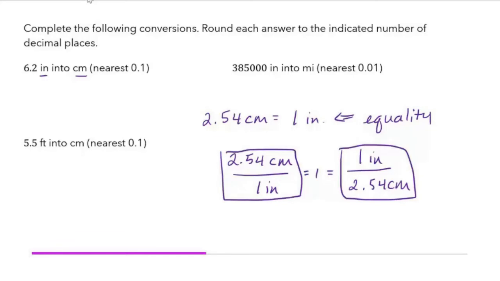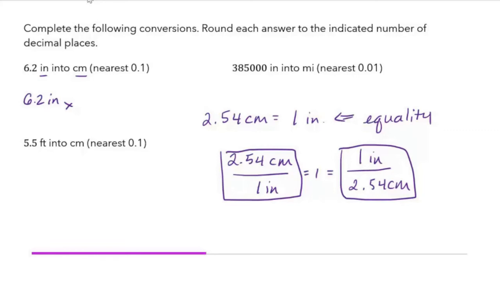We'll start with our known length, 6.2 inches. Now we'll take that unit and our known length and multiply it by either of our two conversion factors. Which one do we need? In this case, we are currently in the unit of inches, and we'd like to eliminate inches.